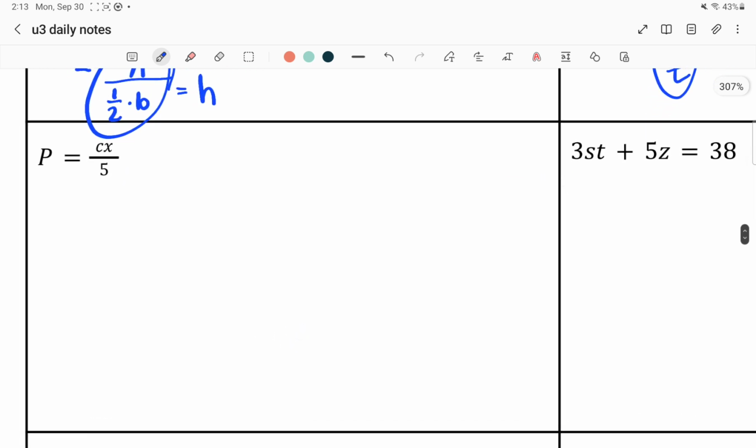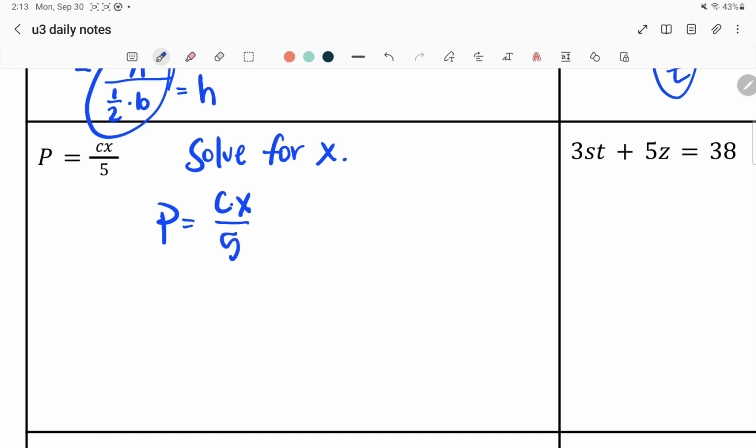Okay, this one's where it gets a little tricky. Let's say I'm being asked to solve for x. I have p equals c times x over 5. Okay, I can do this a couple different ways.